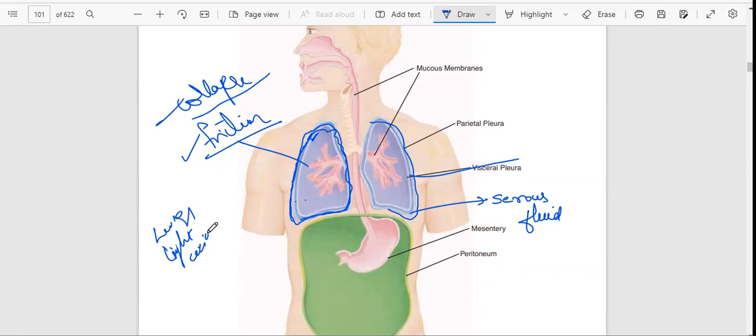If this fluid is not present in the lungs, they will get friction and collapse and also become very heavy. So this is the reason nature put the serous fluids inside the lungs.